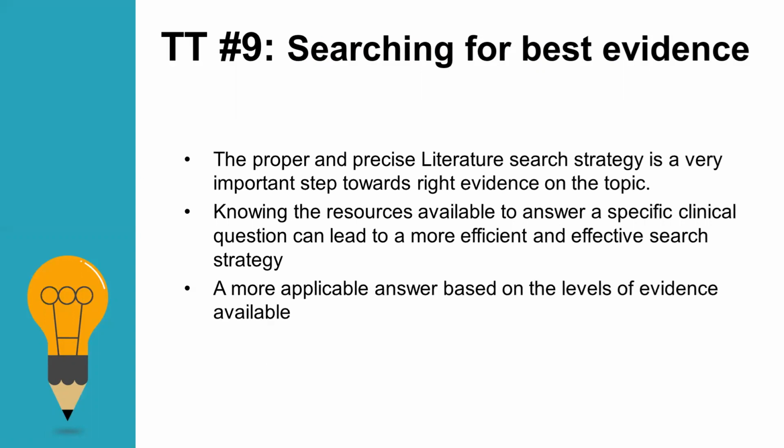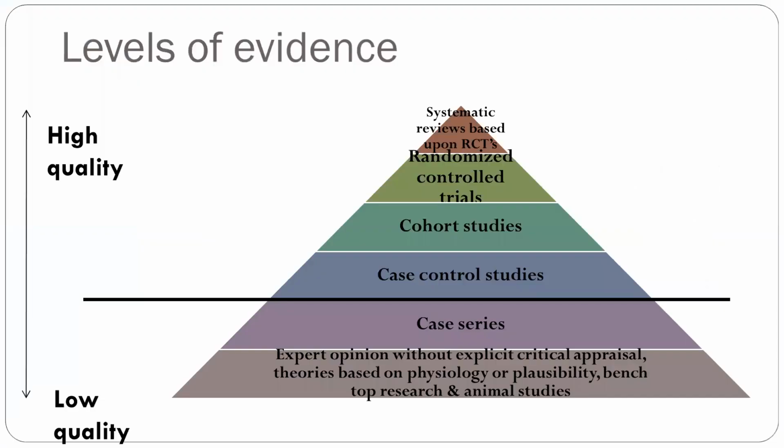So a more applicable answer based on the levels of evidence becomes available to us. For this, we need to understand that there are various journals or databases, like Cochrane, which provide us the appraised articles. Before we go on, let us recapitulate what level of evidence is.